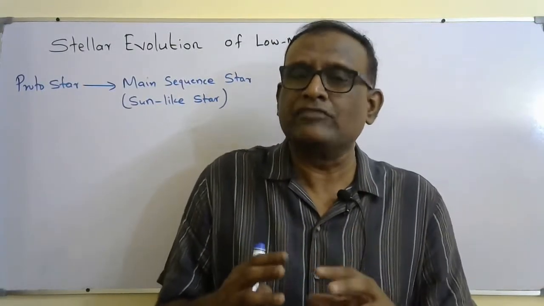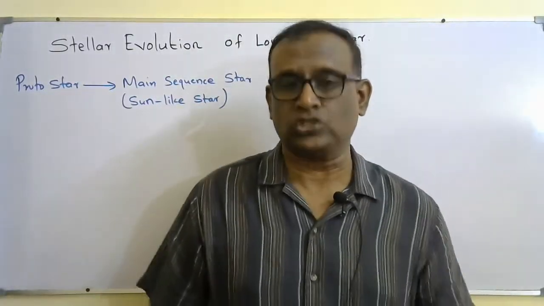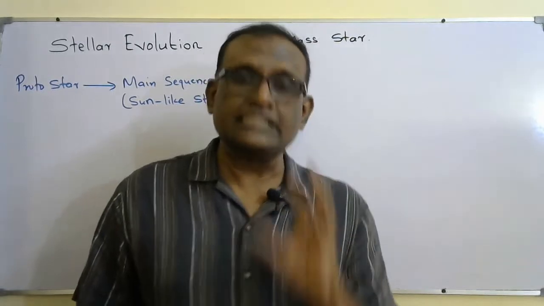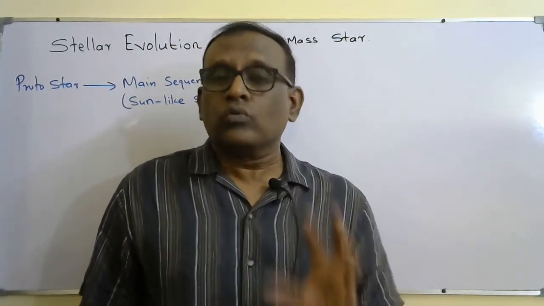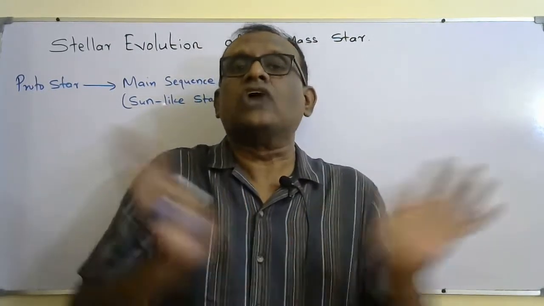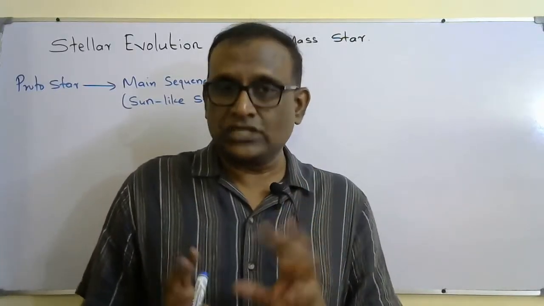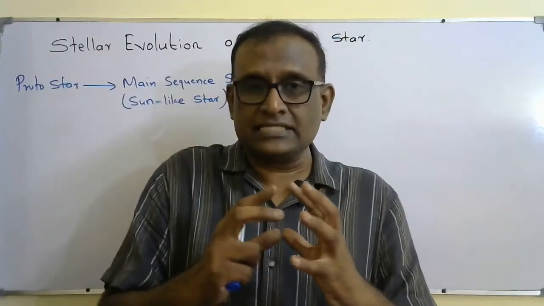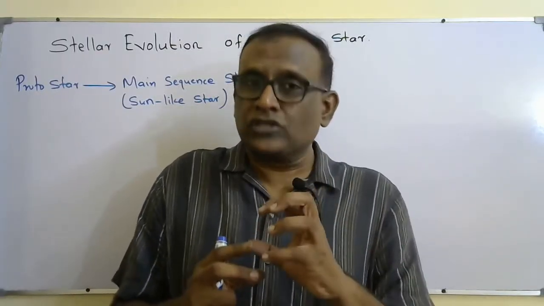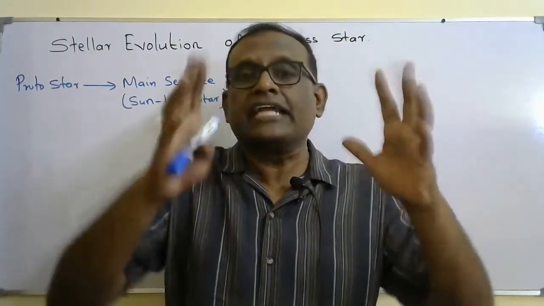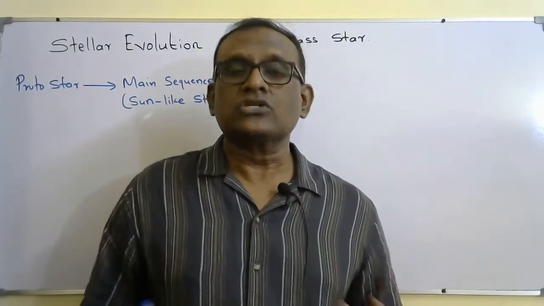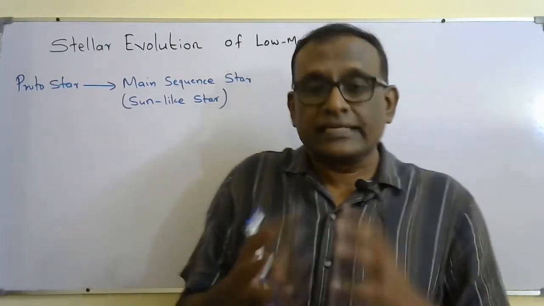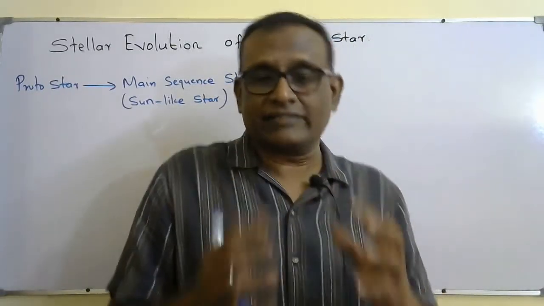There could be a little bit of hydrogen in the outer layer of the core, but the core will be occupied by helium. So there is no further outward radiational pressure inside the core, so the core will shrink. When the core shrinks, what happens? The temperature of the core will increase and the rate of fusion becomes less. So since the rate of fusion becomes less, the temperature of the star will decrease.